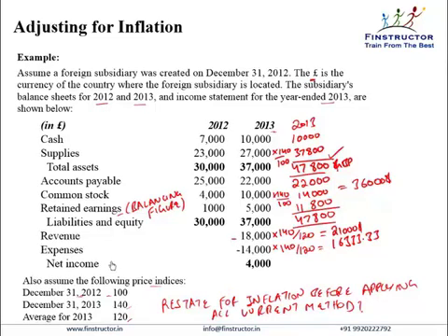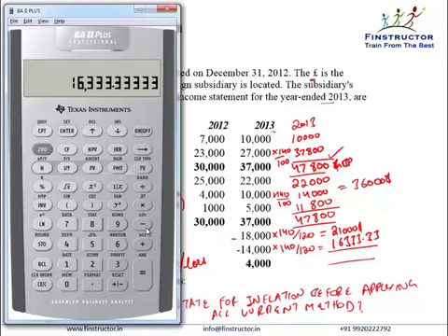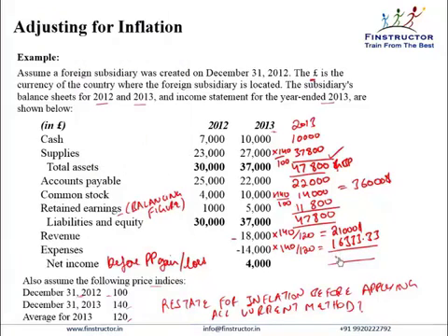Or the net income before purchasing power gain or loss will be calculated as the difference between the two, which comes out to be $4,666.66.